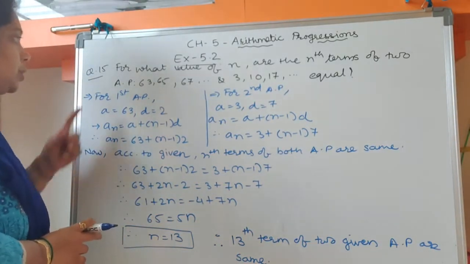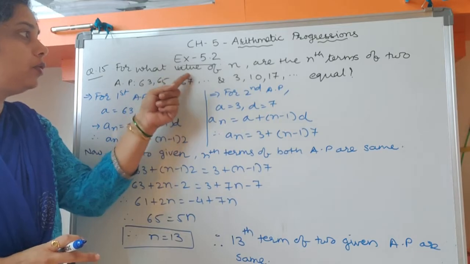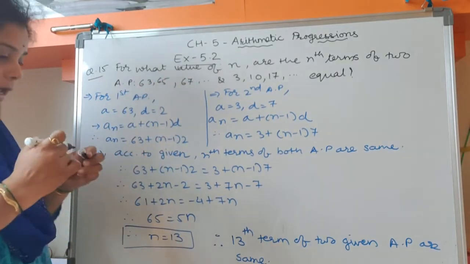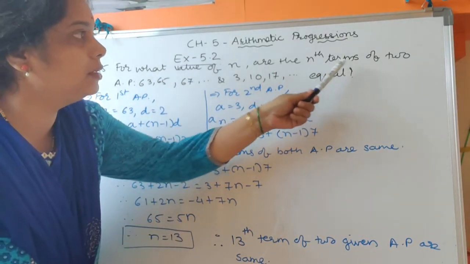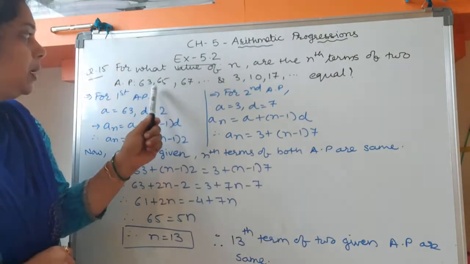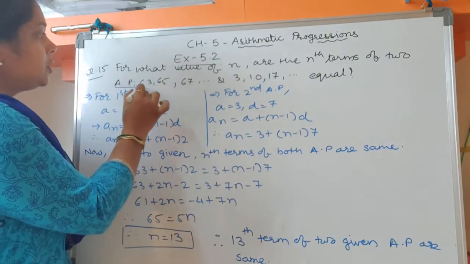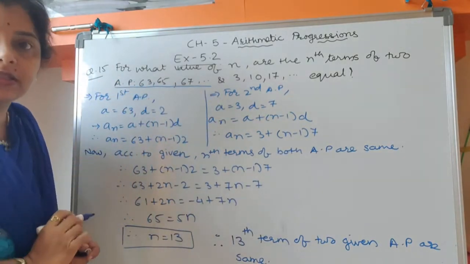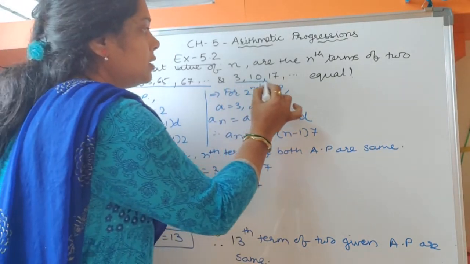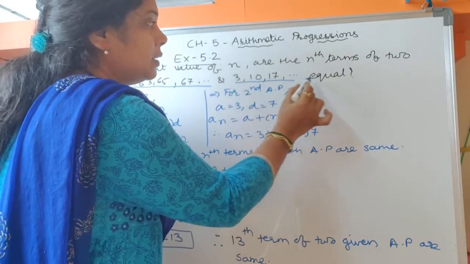Now next one, question number 15. For what value of n are the nth terms of two APs equal? This is the first AP: 63, 65, 67, and this is the second AP: 3, 10, 17.